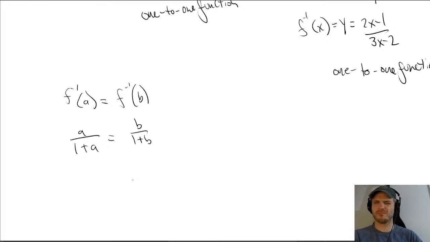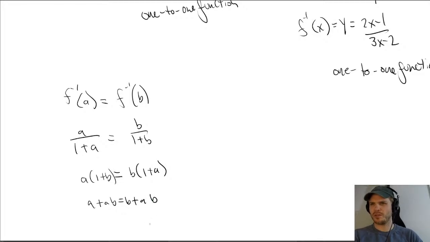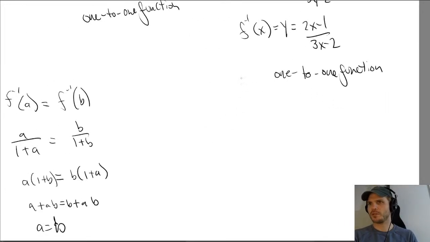Right? a times 1 plus b equals b times 1 plus a. And then we get a plus ab equals b plus ab. And then we subtract, so a equals b. Okay, cool. And then we'll do the same over here.